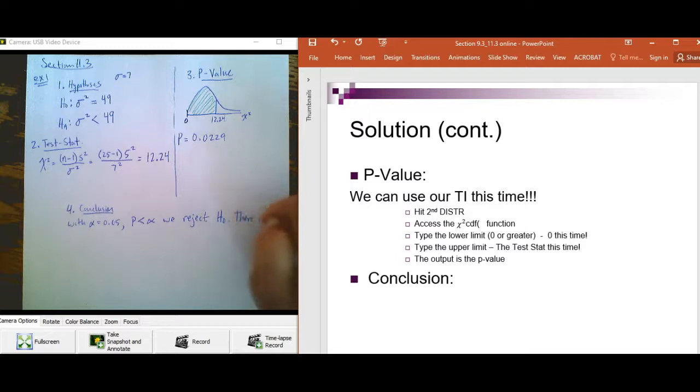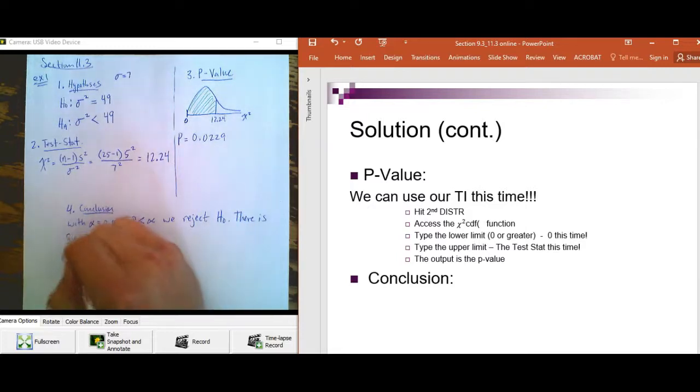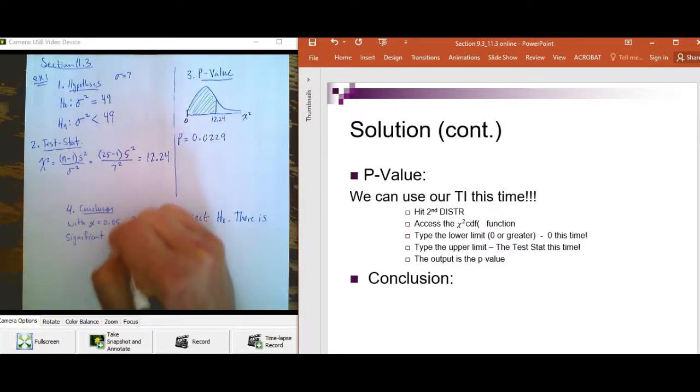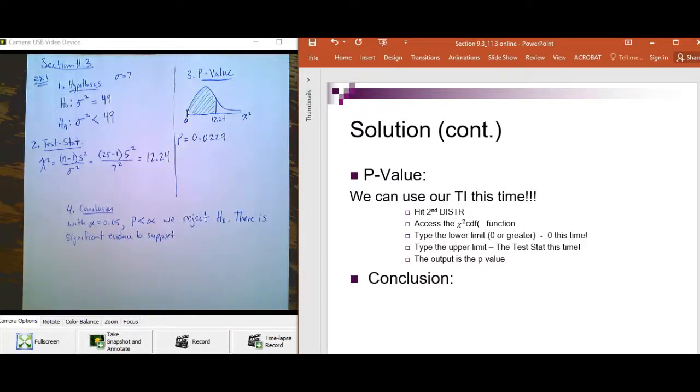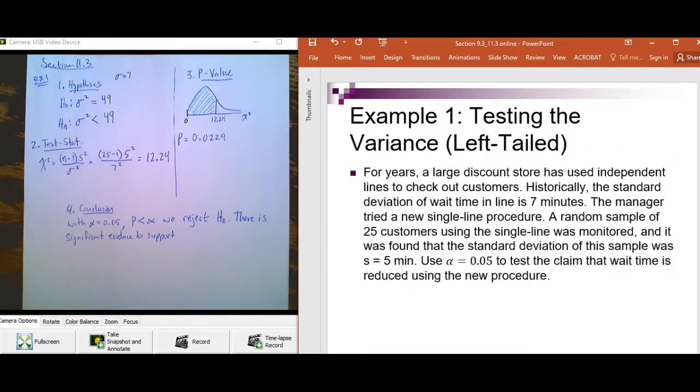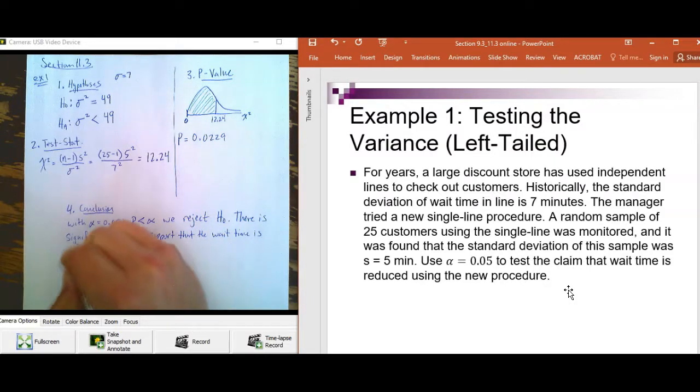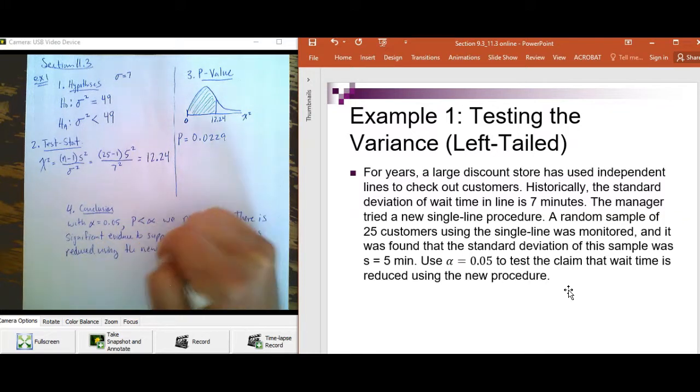There is significant evidence to support what? Let's go back to our stem. We wanted to test the claim that the wait time is reduced using the new procedure. So there's evidence to support that the wait time is reduced using the new procedure.